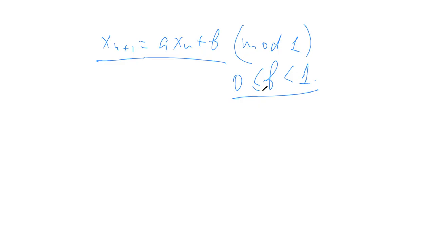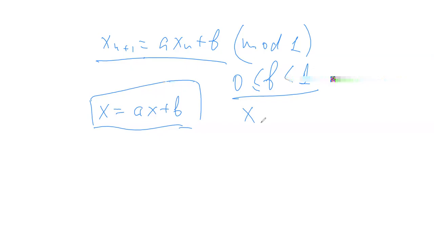So a can be anything. And if you want to find fixed points, x equals ax plus b. One of the fixed points is indeed b over 1 minus a. But it's not the only one.